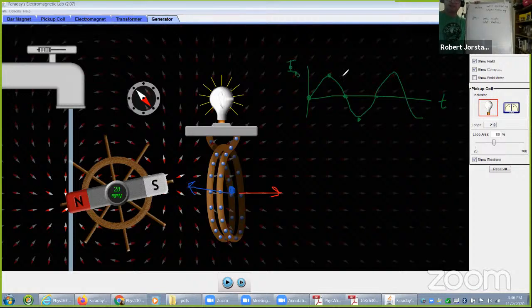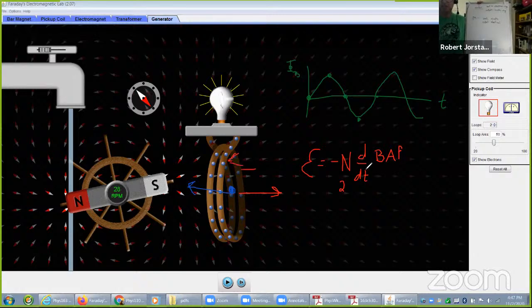Let's plug that into our Faraday's law equation. Faraday's law says the induced voltage is negative N, which is the number of turns. In this case, that would be 2, times the change over time of, now this is going to be a little bit complicated, but it's some kind of constant that relates to B and the area, and then maybe some number. I'll just say F or some factor because it's not perfectly perpendicular.